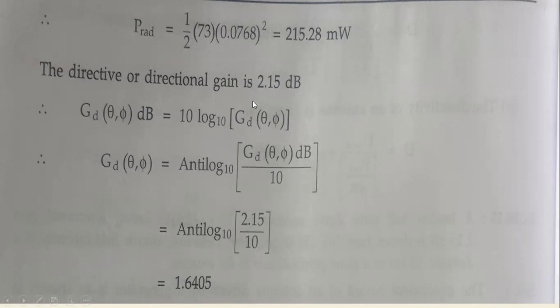So that is 10 log 10 of the given value. If you want to take the anti-log, this 10 will come down, and this will become the anti-log. So this is with dB and this is without dB. So 2.15 in dB divided by 10, you need to take the anti-log. With the help of a calculator, you will get 1.6405.